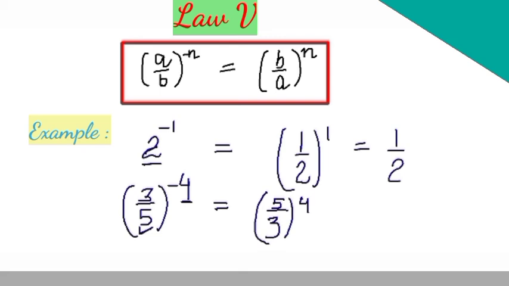So 3 upon 5 raised to the power minus 4 can be written as 5 upon 3 raised to the power 4. This is the law: if we have a rational number a upon b and its power is minus n, then the power will become positive and we will write its reciprocal here. This a upon b will become b upon a.